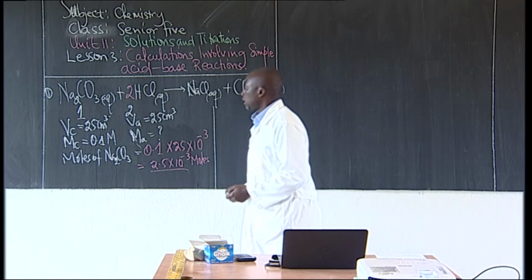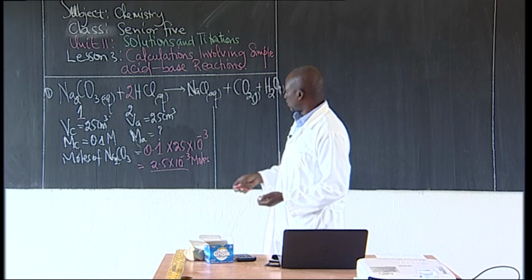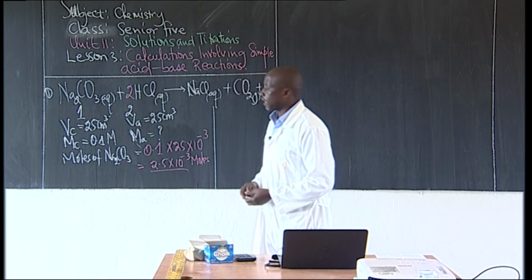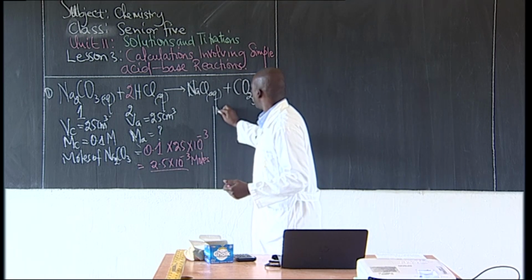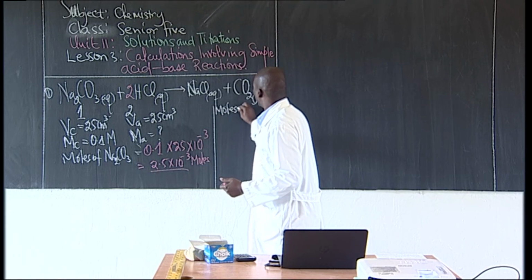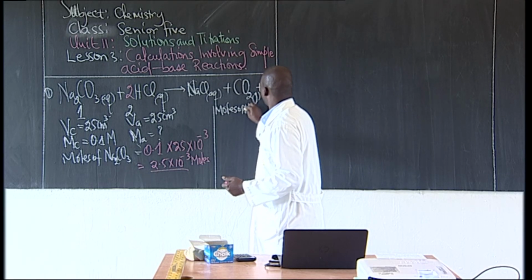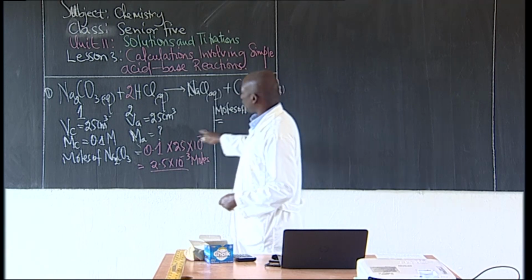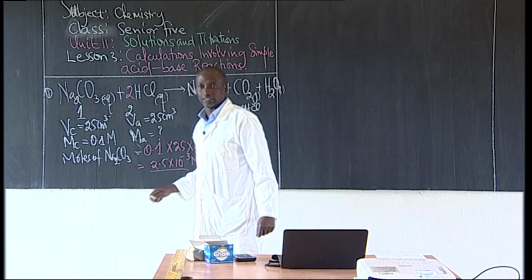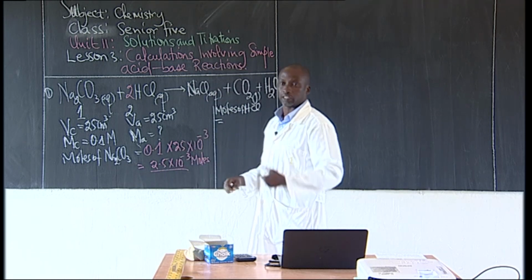Now, how do we get the moles of the acid that reacted? Looking at the question here, the moles of HCl, that is the acid, will be the same, because this is twice this. So that means we are going to multiply it by 2.